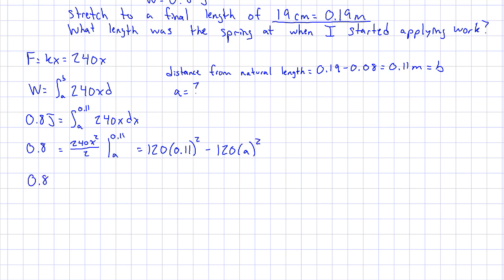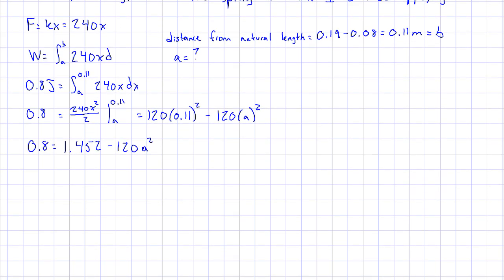So my next line will be 0.8 equals 1.452 minus 120 A squared. When I subtract 1.452, I get negative 0.652 equals negative 120 A squared. I divide both sides by negative 120 and then take the square root. And so I end up with A equals 0.073711.